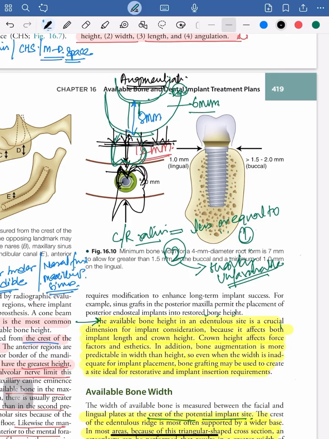Suppose you don't have the skills or knowledge to do the vertical augmentation, what else can we do? We can place more number of implants. Instead of one, we can place 2 implants, provided we have width and sufficient mesiodistal space.